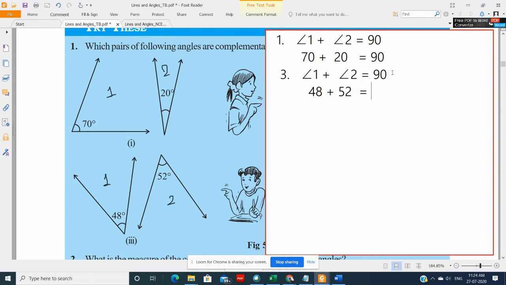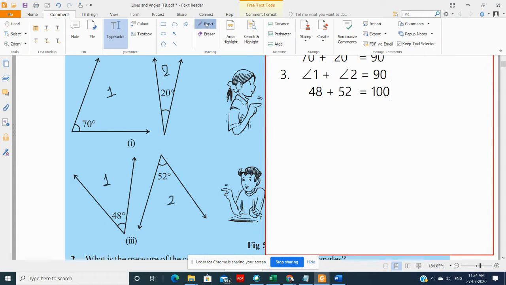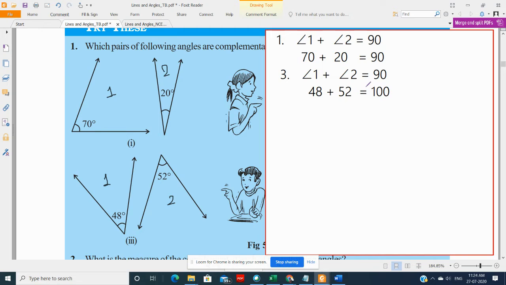Now 48 plus 52 doesn't give you 90. This is 100. So we can say that LHS is not equal to RHS.